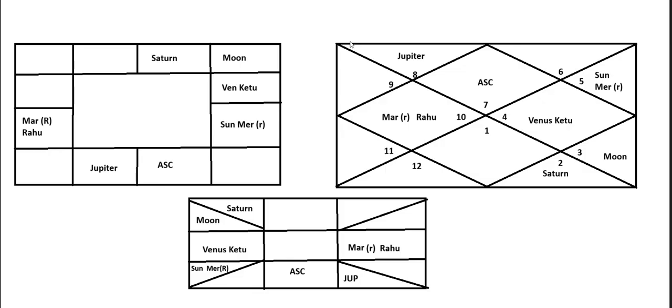Now the ascendant Lord Venus is with Ketu, and the 8th house Lord, that is also Venus, is also with Ketu. So here Ketu is with a positive and a negative house, the 8th house and 1st house, and Venus is losing its power.